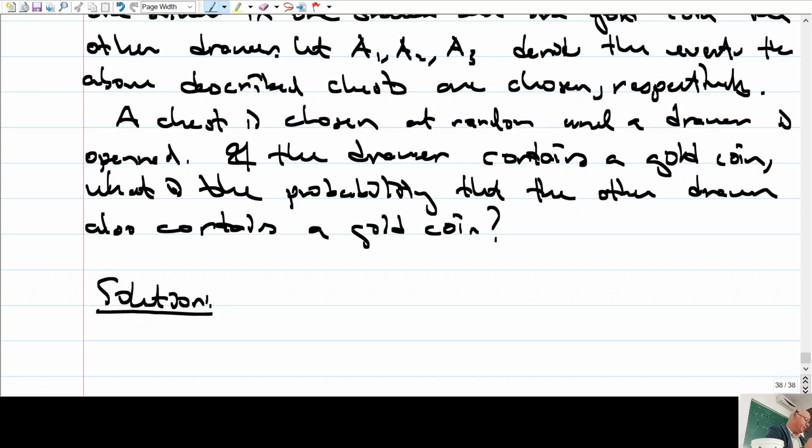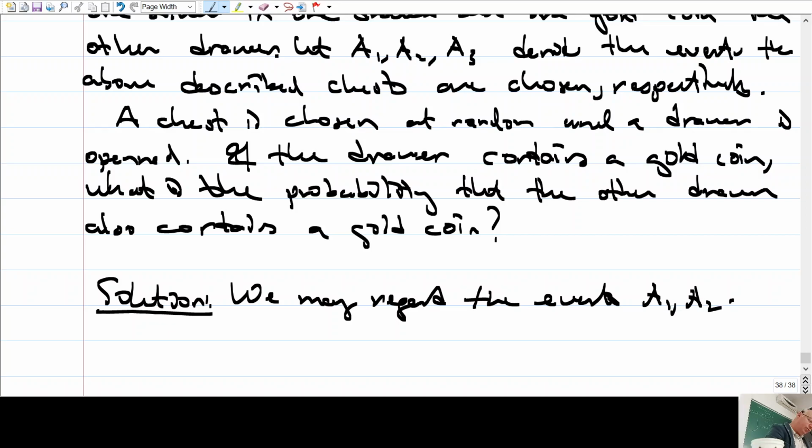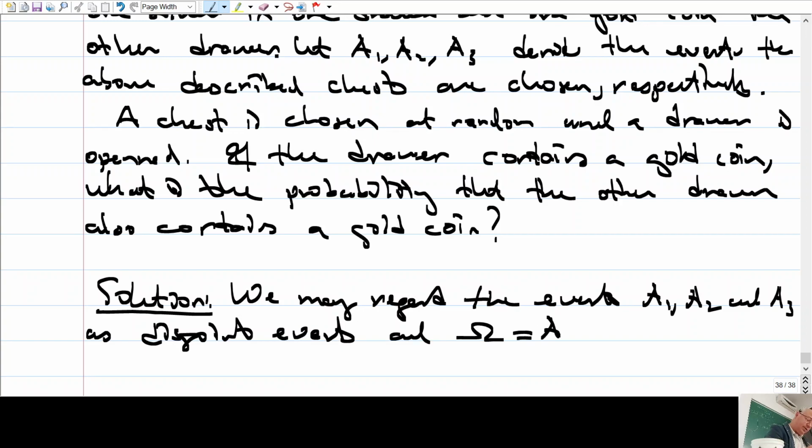All right. Well, we may regard the events A1, A2, and A3 as disjoint events, and omega is the disjoint union of these.